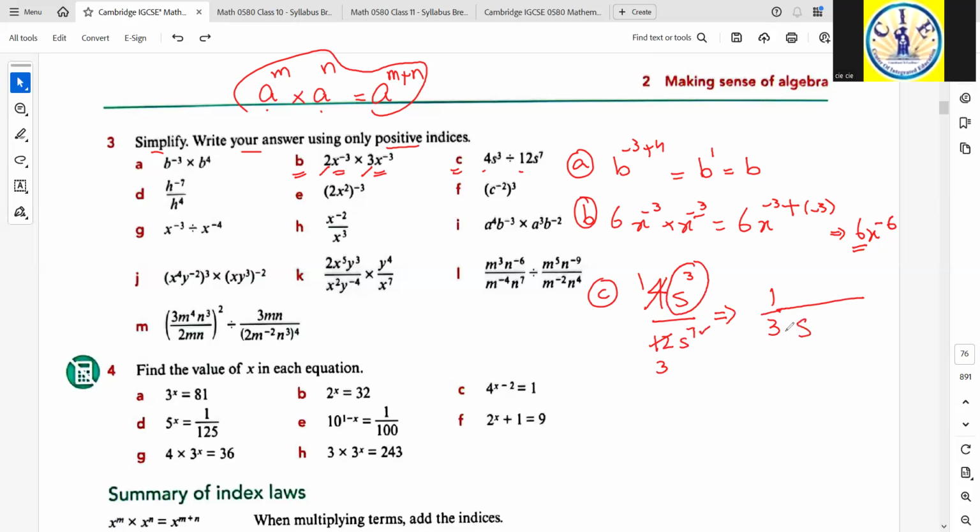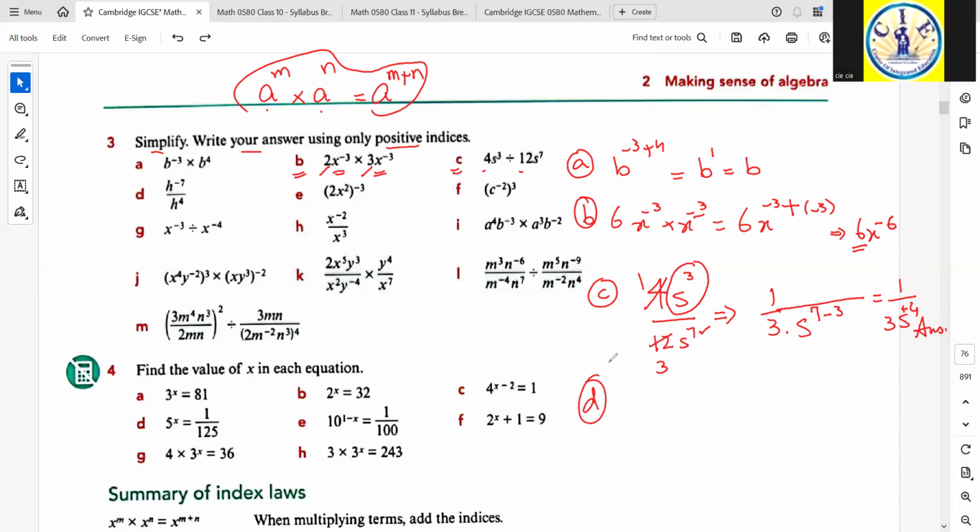So I can simplify it to 7s raised to power 7 minus 3. So 1 by 3s raised to the power 4. Now the index has been written as a positive number, as was required.